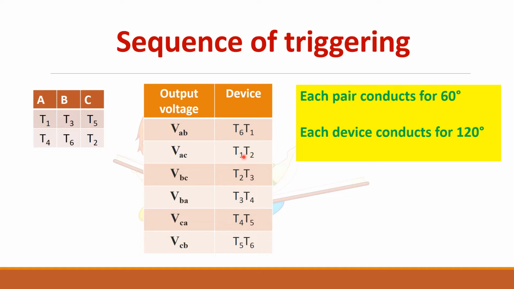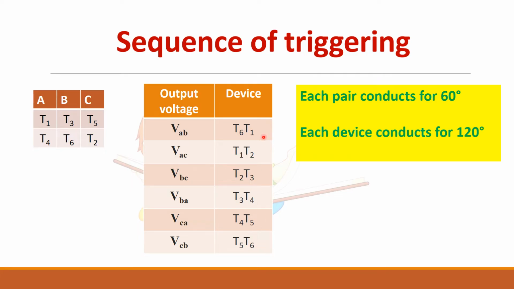So next sequence will be T1 and T2. This device plus another new device will be T2. Then T2, T3, T3, T4, T4, T5, T5, T6. After T6 it should come T6, T1.